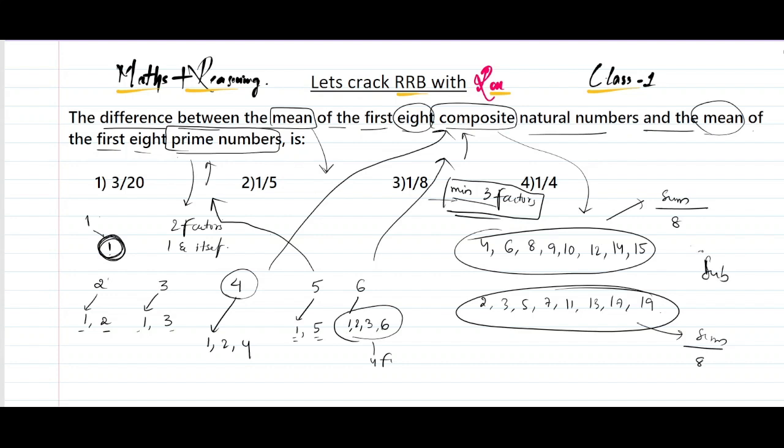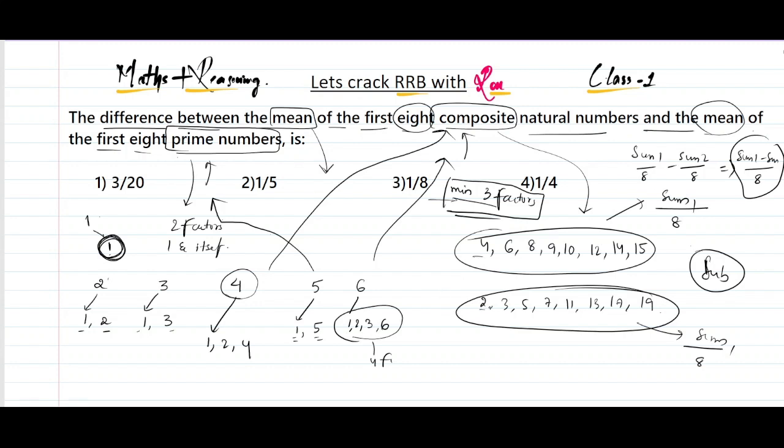So what if I directly subtract and divide by 8? Both are the same, right? Let's say this is sum 1 and sum 2. What I have to do is sum 1 by 8 minus sum 2 by 8. So what if I do directly sum 1 minus sum 2, then divide by 8? This is also the same, right?